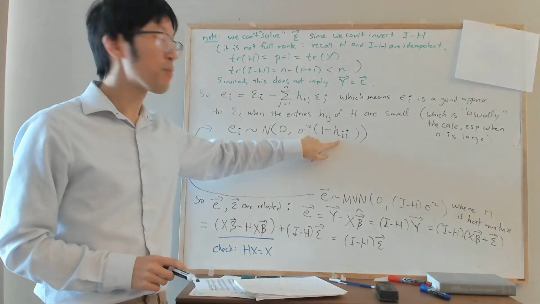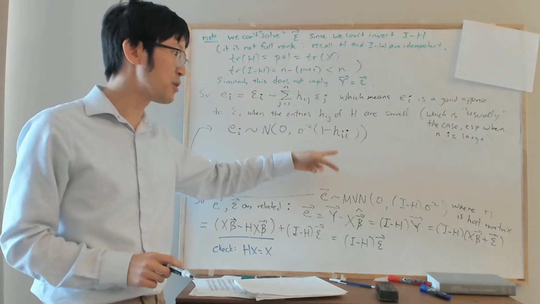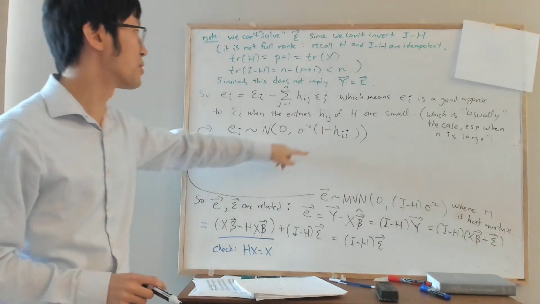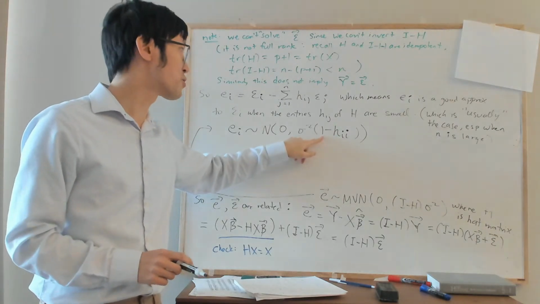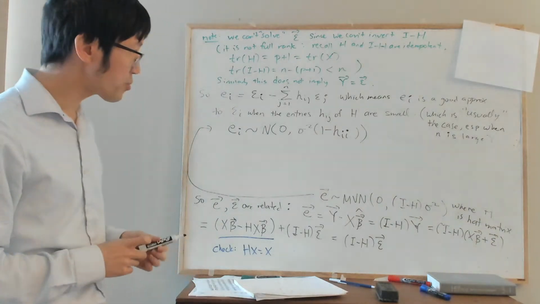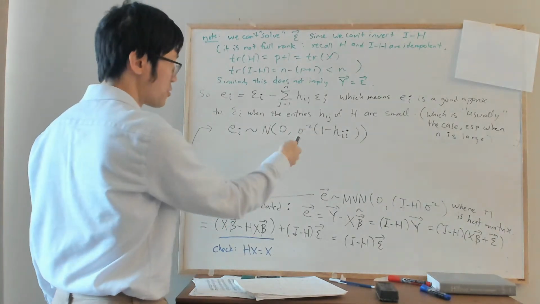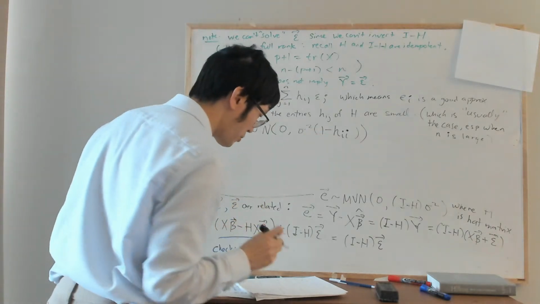Remember the hat matrix is positive semi-definite, so the diagonal elements are non-negative, so it's going to be 1 minus a small positive number. So it's going to be close to sigma squared often, but it's going to differ by a small amount.